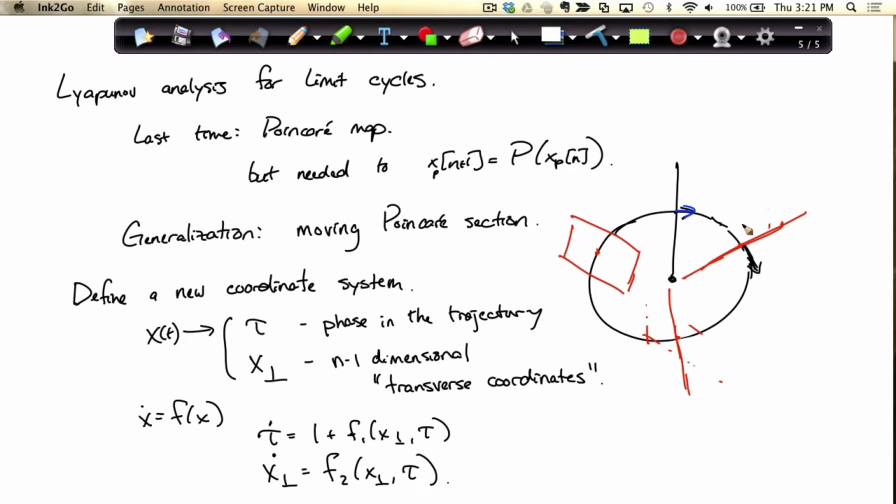Okay, so the question is, what can I say about the dynamics on this surface to say something about the stability of the limit cycle on that surface? Well, it turns out that the same sort of notion of Poincare stability is going to hold in this case, right?